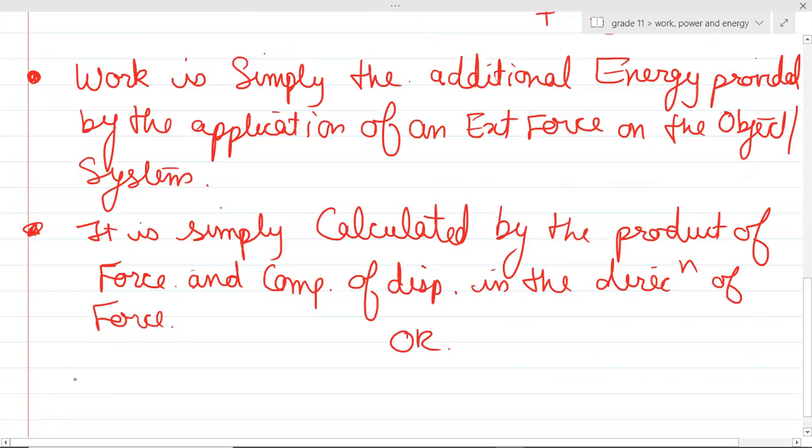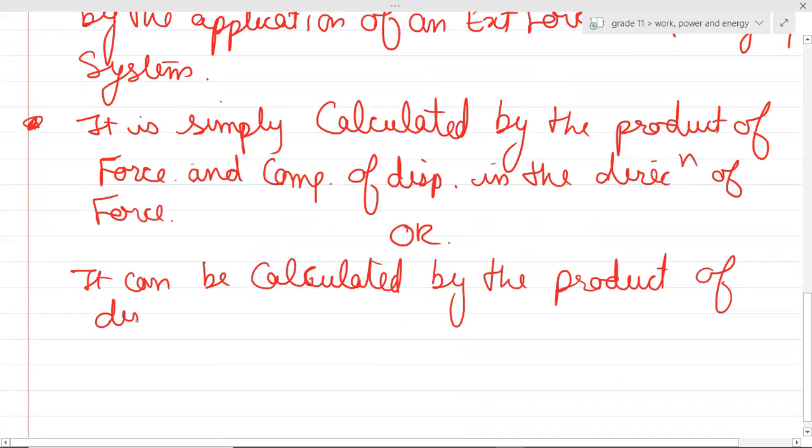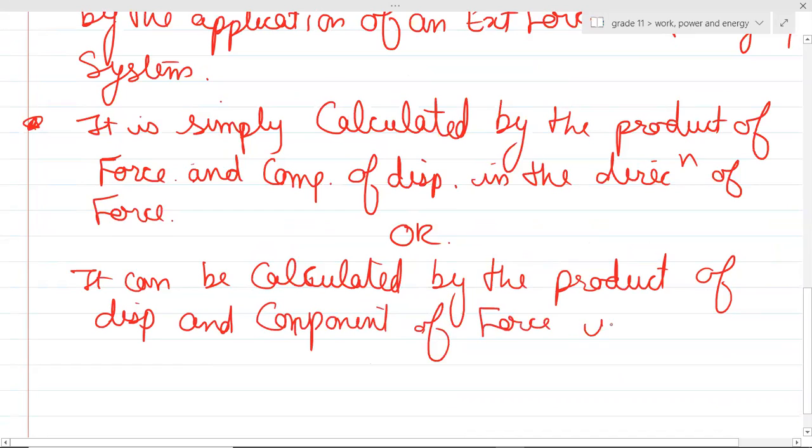Or, can you see this and the previous point are one and the same thing?